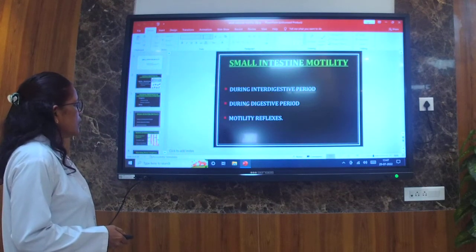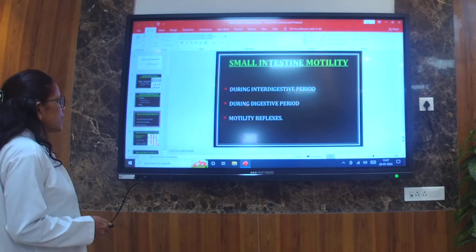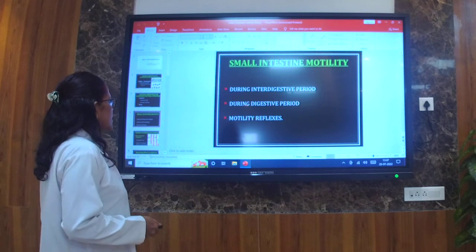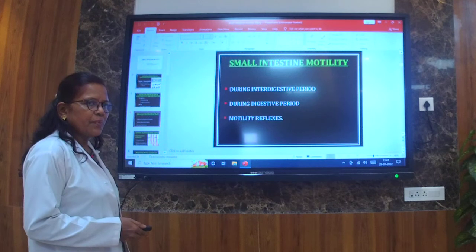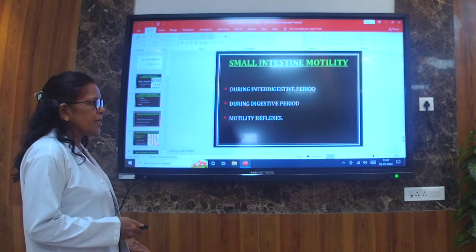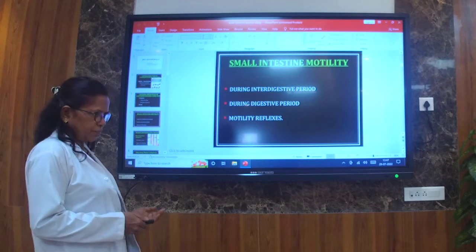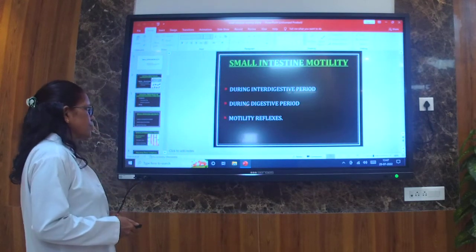When this movement takes place, it takes place in 3 steps. First, the interdigestive period: food enters from the mouth into the esophagus, and then enters the stomach.